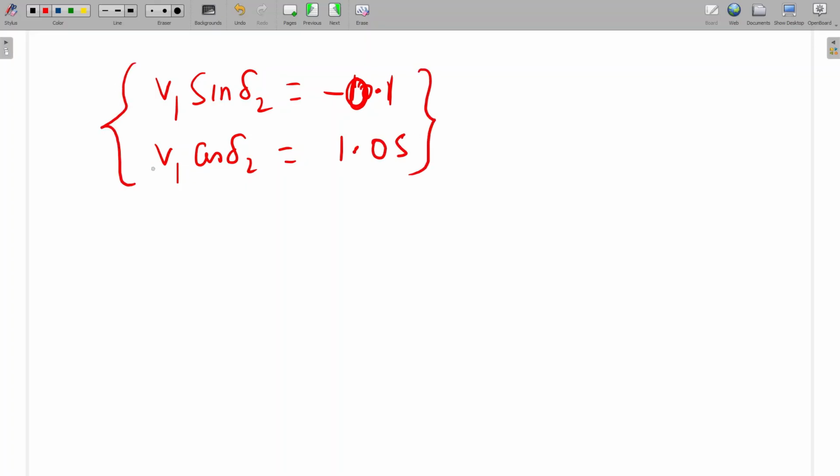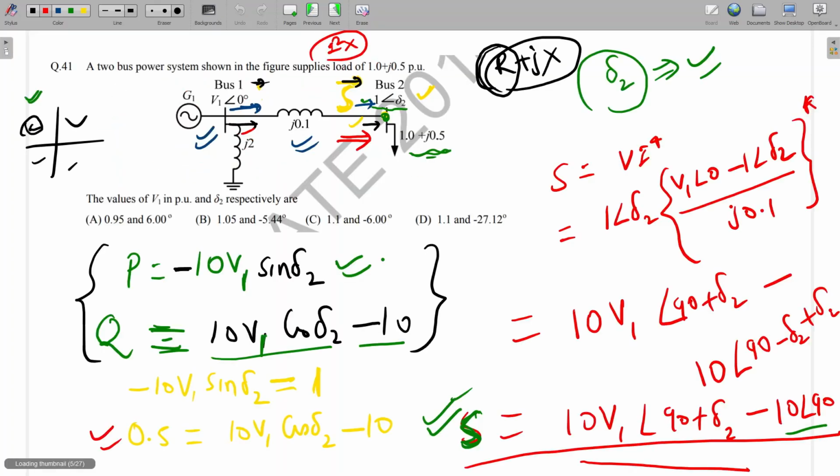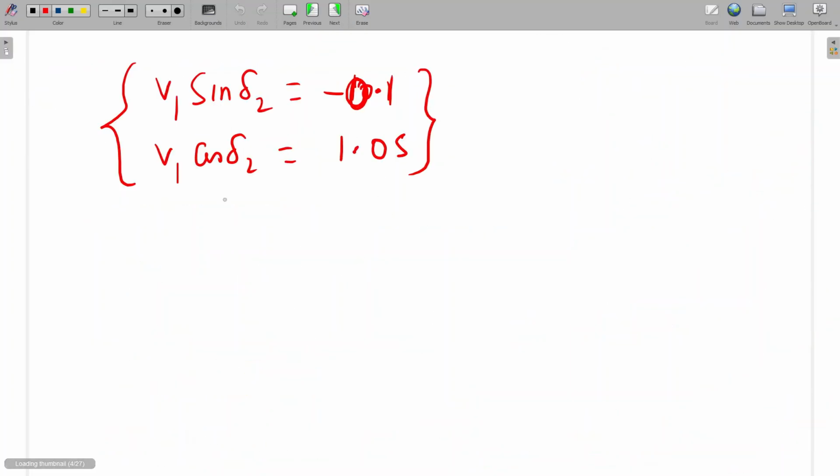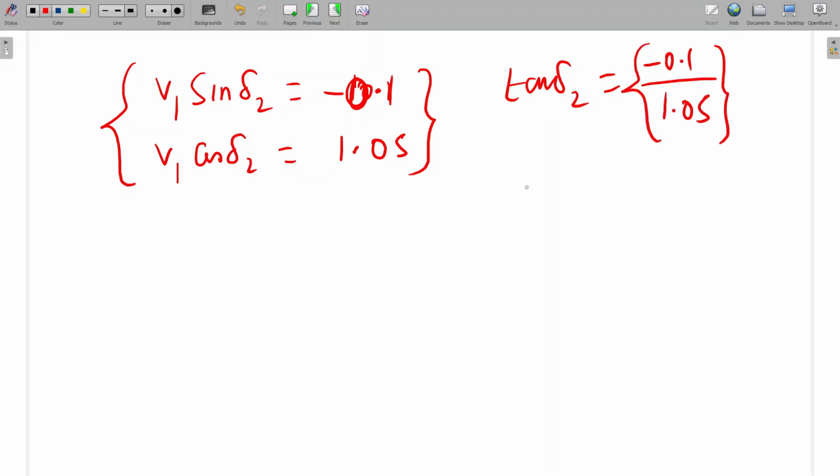These two equations: from this one, V1 sin delta 2 is equal to minus 0.1. From this one, V1 cos delta 2 is equal to 10 plus 0.5 divided by 10, so that will be 1.05. From these two we can divide, so tan delta 2 is minus 0.1 divided by 1.05. So the inverse of this will be the angle delta 2.